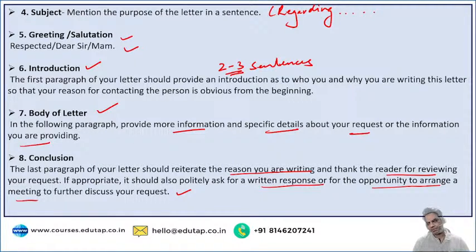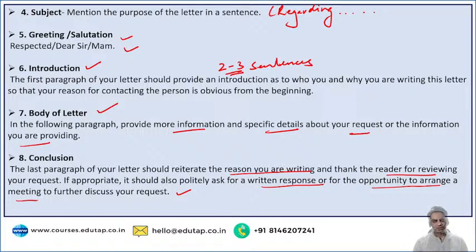Number one, PAN card, Aadhaar card, and so on. But in the body paragraph, you just have to mention that for identification purpose, I have attached my Kisan credit card, my Kisan Mandhan Yojana card, or whatever you want to mention. But that will be mentioned in the body, and details will be given after the letter.